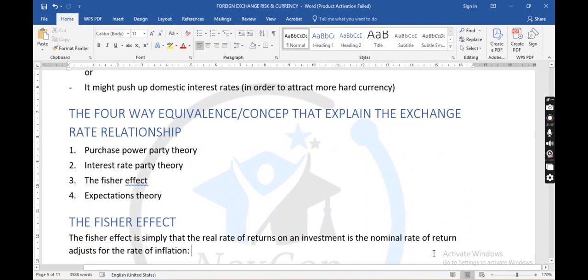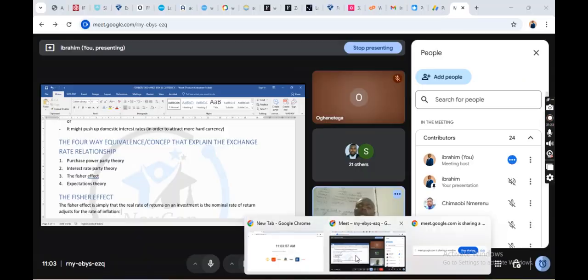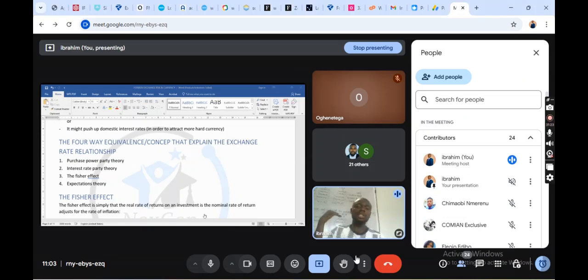Concepts that explain the exchange rate relationship: the purchasing power parity, the interest rate parity, the Fisher effect, expectations theory.